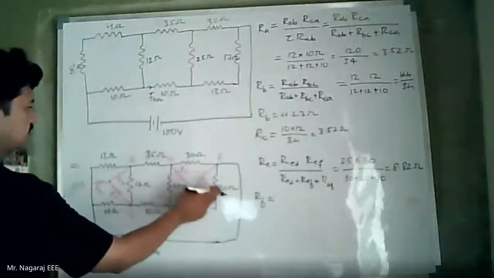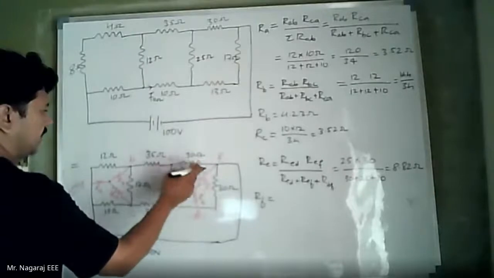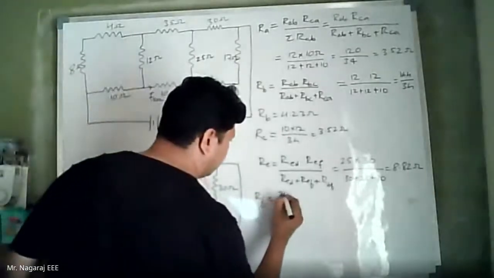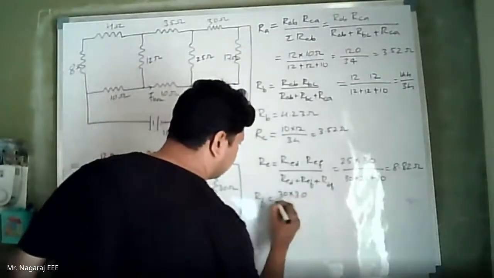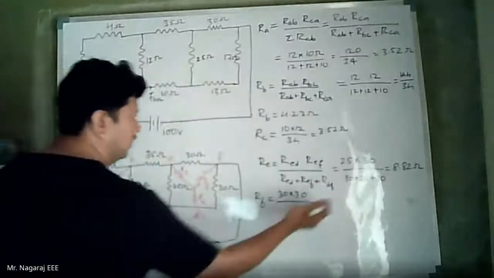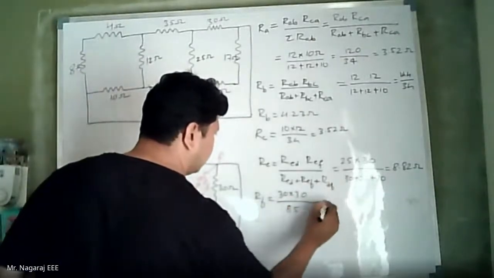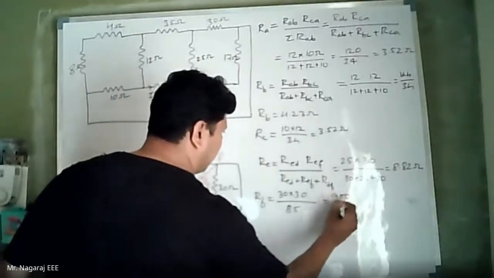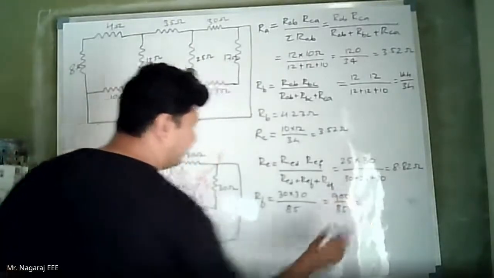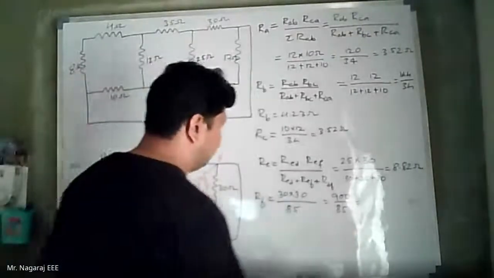Two resistances connected to terminal F, 30 and 30. So 30 multiplied by 30 divided by 30 plus 25 plus 30, that is 85. So it is 900 divided by 85. It's 10.6.